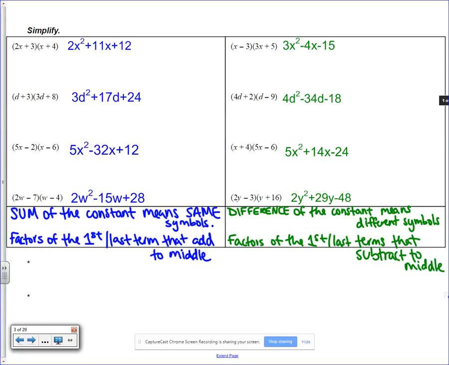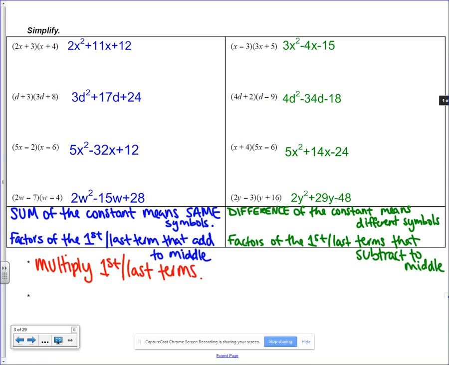So far, the only difference is that you are going to have to multiply the first and the last term, correct? Yes? Okay. So I want to make note of that down here. You are going to multiply the first and the last term together. Okay.